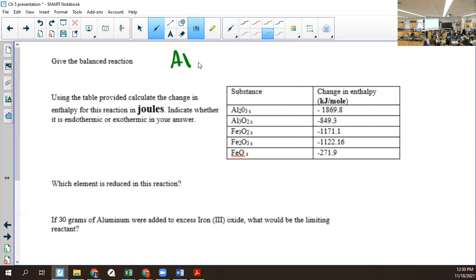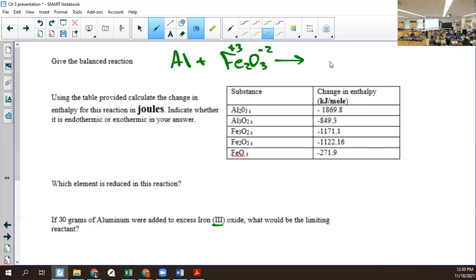So Al plus FeO. Now it's not. What's the charge of iron? 3. What's the charge of oxygen? Fe2O3. What is the only option we can do here? A single replacement.